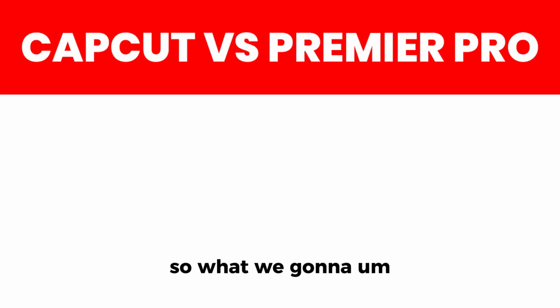So, we're going to summarize those pros and cons. CapCut: beginner-friendly, mobile editing, cost-effective, template library, and fast rendering. And the cons: limited advanced features, platform limitation, and watermark, although the watermark was before.